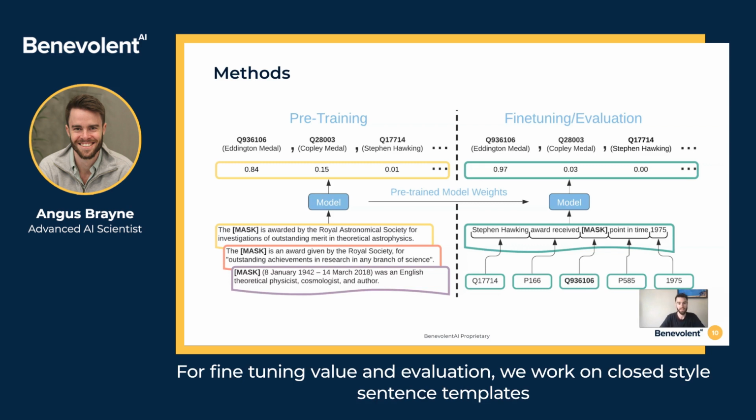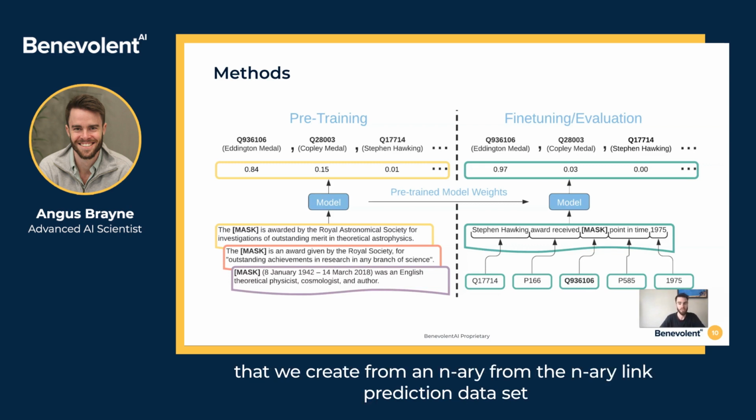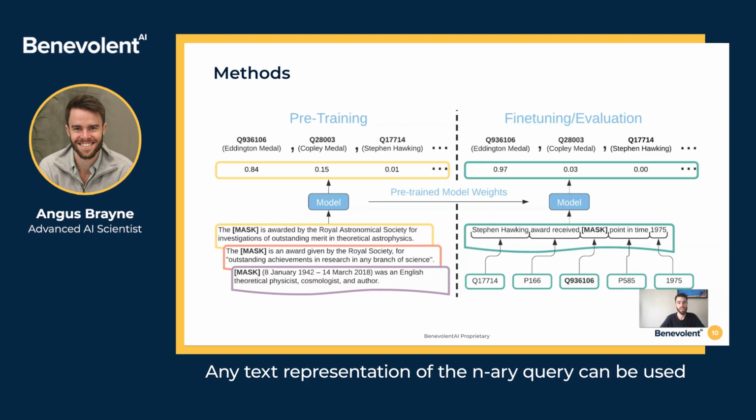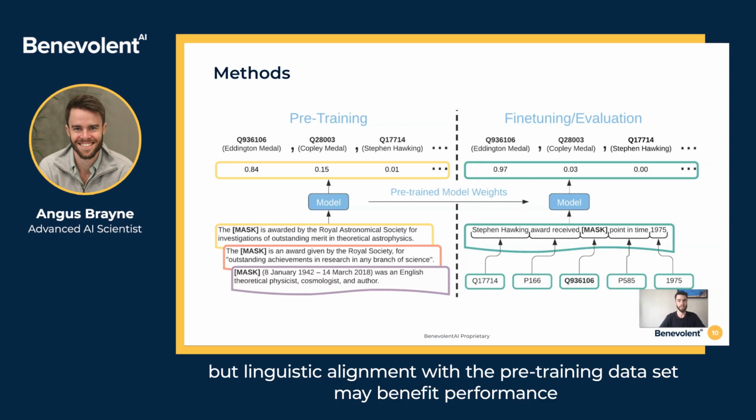For fine-tuning and evaluation, we work on cloze-style sentence templates that we create from the n-ary link prediction dataset. Any text representation of the n-ary query can be used, but linguistic alignment with the pre-training dataset may benefit performance.